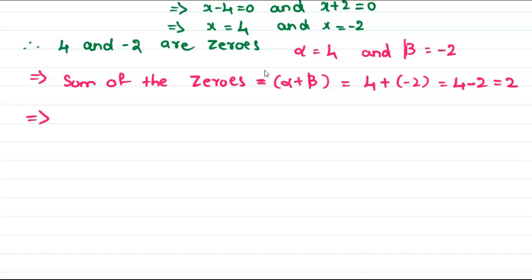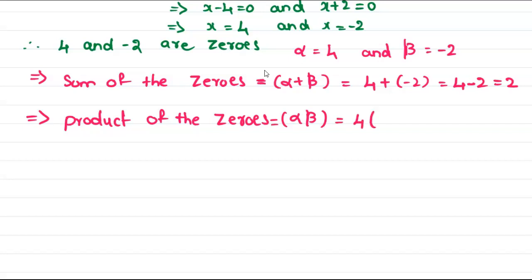Now the product of the zeros, that is alpha beta. Here the alpha value is 4 and the beta value is minus 2, so that is equal to minus 8. So this is the relation between the zeros, that is, the sum of the zeros and the product of the zeros.